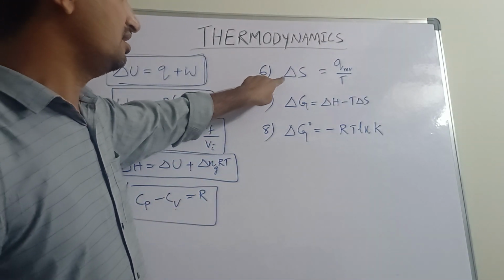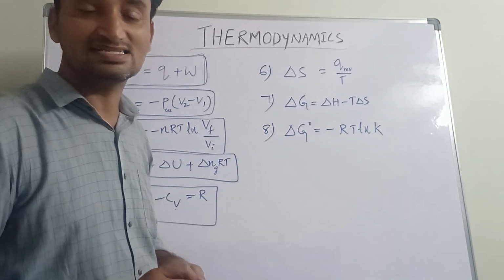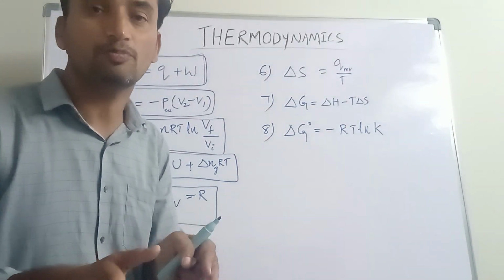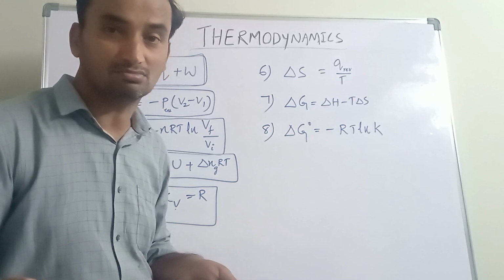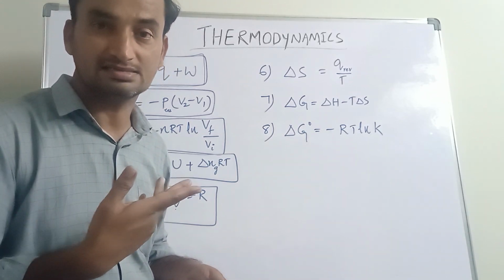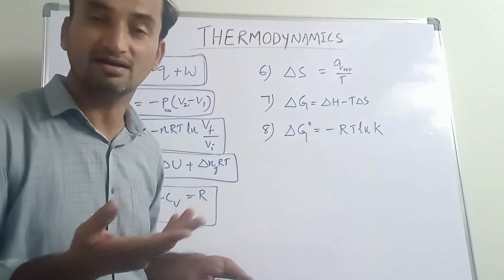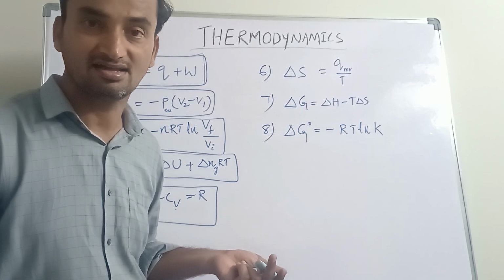Now, sixth one, what does this delta S stand for? Entropy. Entropy is nothing but randomness, as you know. You know these definitions. It is nothing but randomness or disorderliness, right?